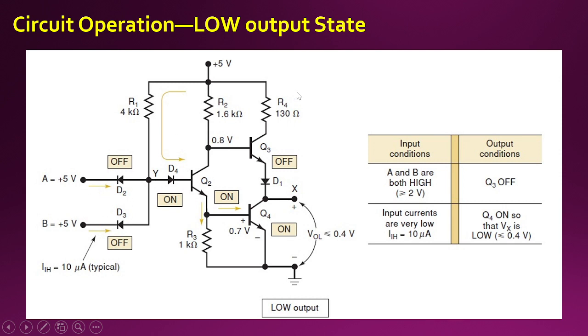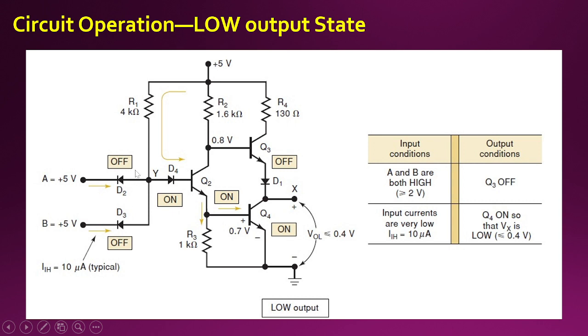Now, in this case, we are considering a situation when A and B are both at +5. We have replaced the Q1 with a diode model. You can see here one side of the diode is at +5 and it has been biased by the resistor R1 with +5. Another side is also biased with +5. So there is no voltage difference between the N type and the P type.